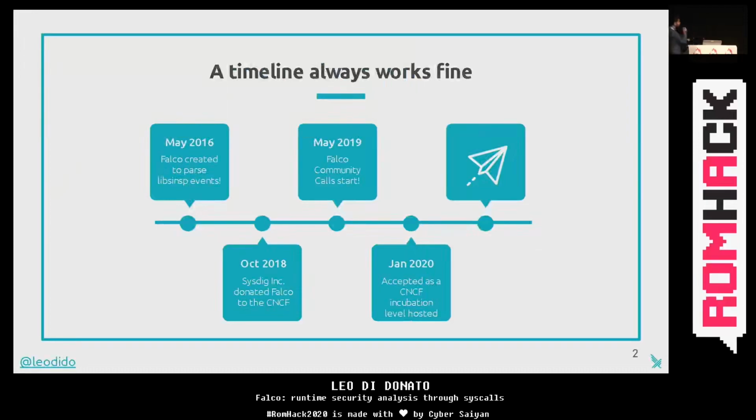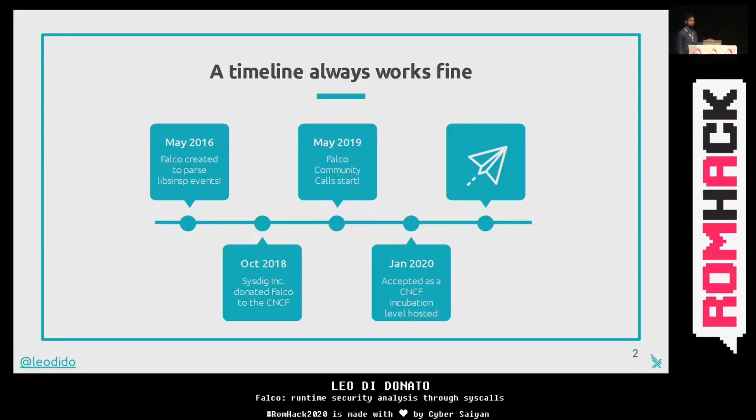So briefly, before we really start, a bit of history. Falco was created in 2016 by Sysdig as an open source project from day one. I don't know why Sysdig did it. I don't know why Sysdig pays me a salary, but this is life. Since the beginning, the focus of Falco has been to parse libsinsp events. Libsinsp events are events from this library, libsinsp, another open source library from Sysdig, that handles syscalls, proc and file system information, and metadata from containers and orchestrators like Mesosphere, Kubernetes, and things like that.